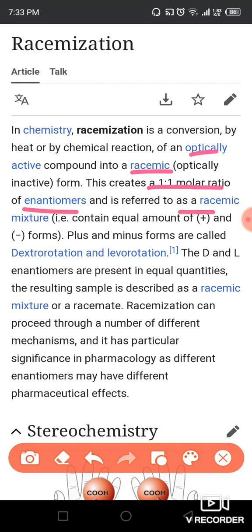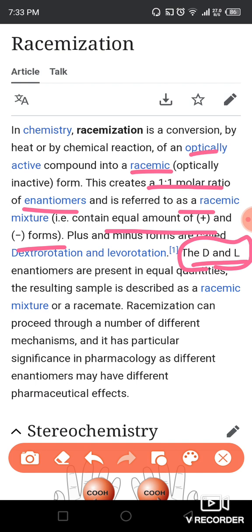It contains equal amounts of positive and negative forms. So you cannot write capital D and capital L enantiomers, because you always have to write small d and small l. So this is a mistake here, so you have to correct it.